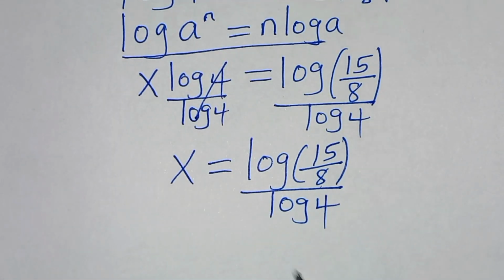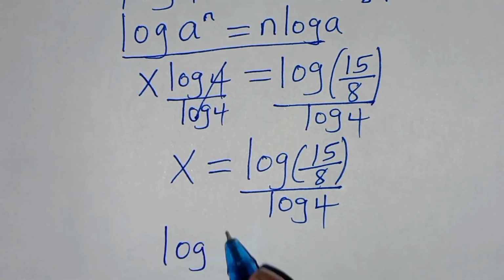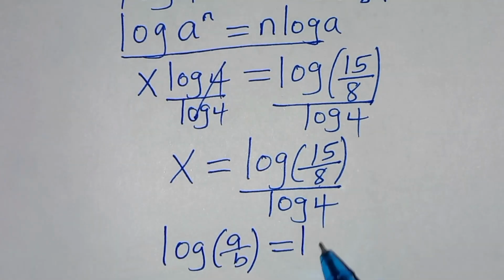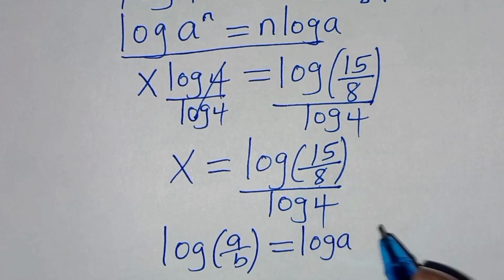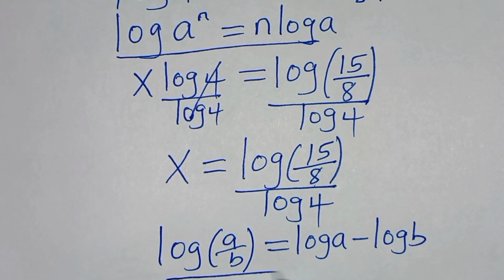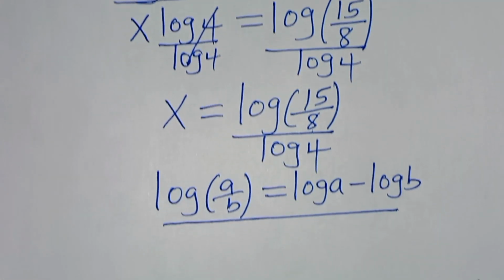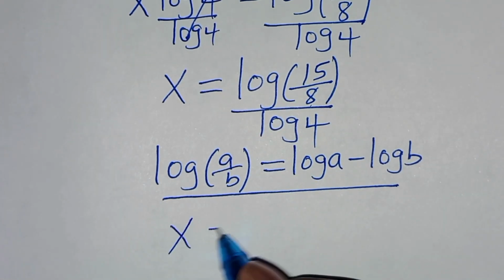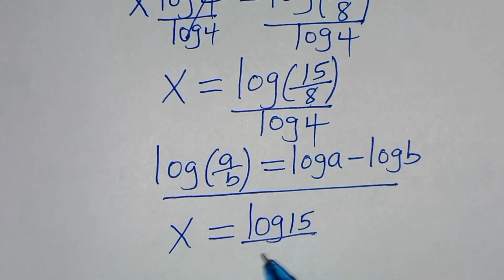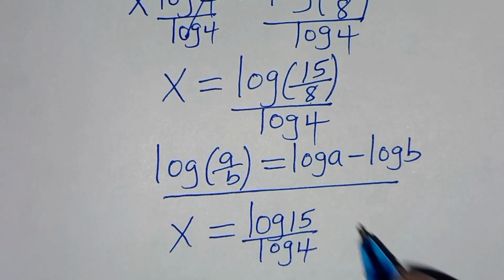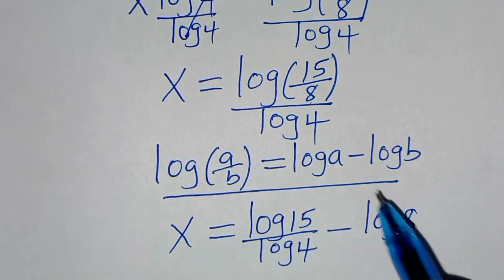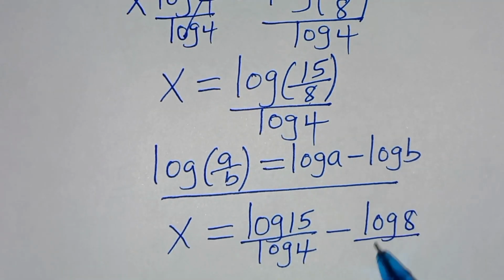So log 15 over 8 is in the form of log a over b, which we can express as log a subtract log b. Applying this logarithm property, we can express x as log 15 divided by log 4, subtract log 8 divided by log 4.